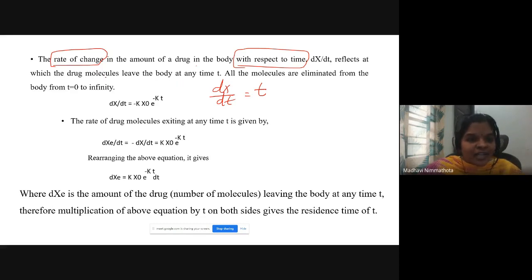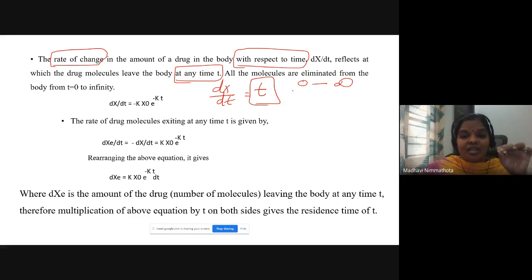The drug molecules leave the body at any time, that is t. All the molecules are eliminated from the system in the time from 0 to infinity. So you can take 0 time to infinity time to calculate the residence time of drug molecules in the body.